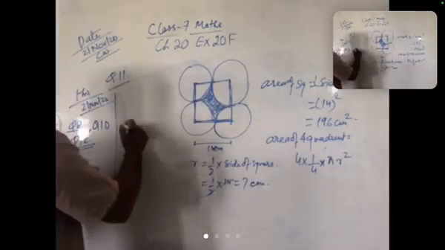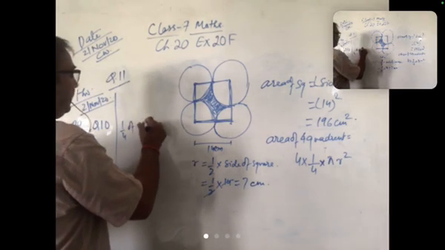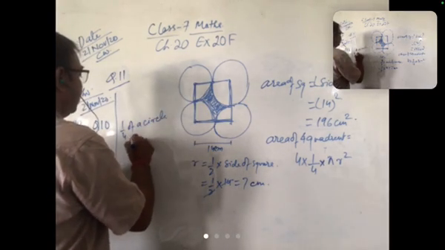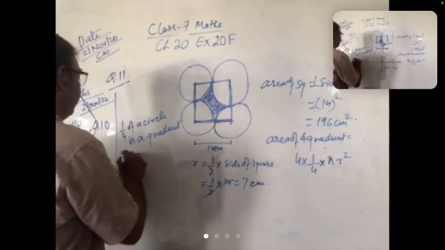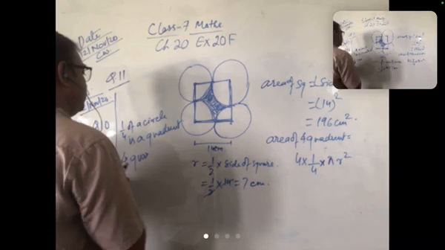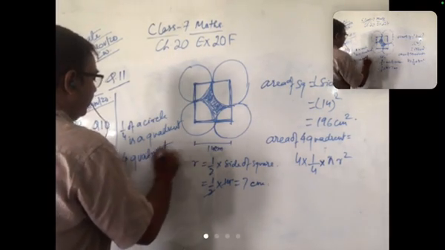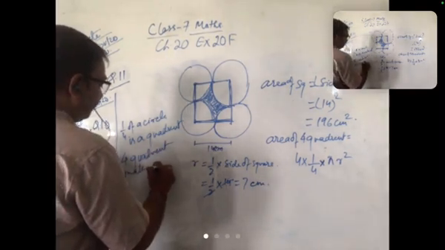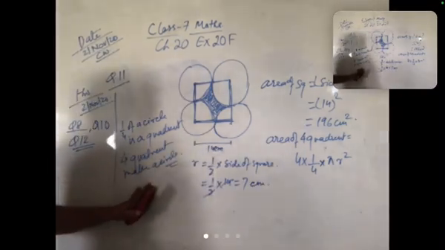I have just told you that 1/4 of a circle is a quadrant, and 4 quadrants make a circle. Everyone must write this in their copy.